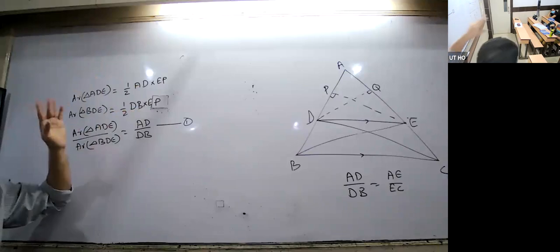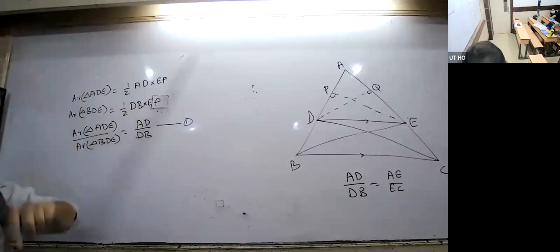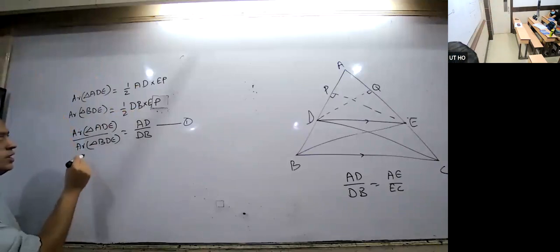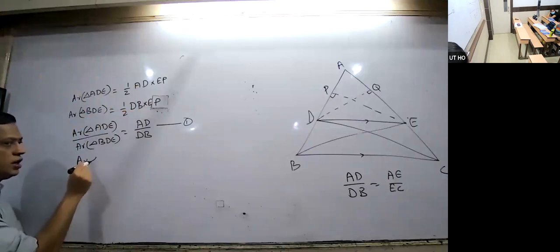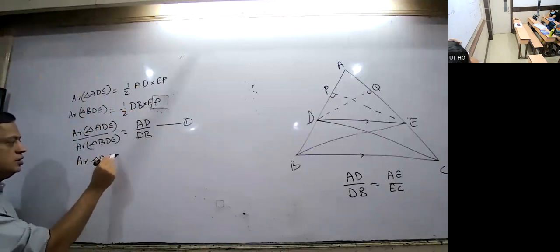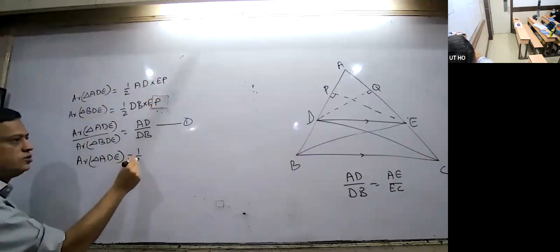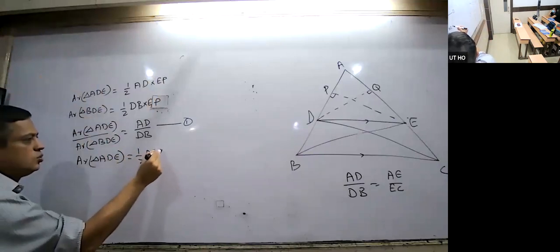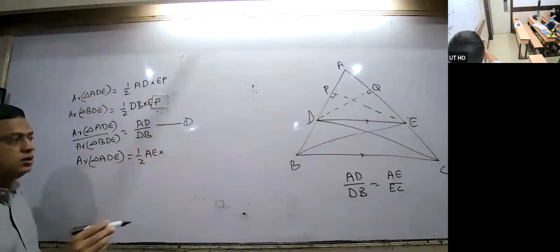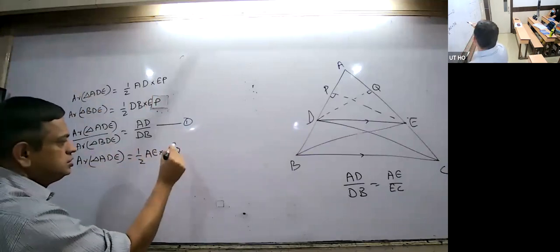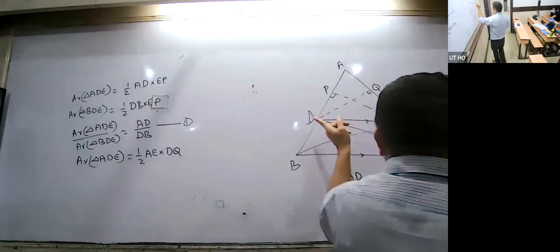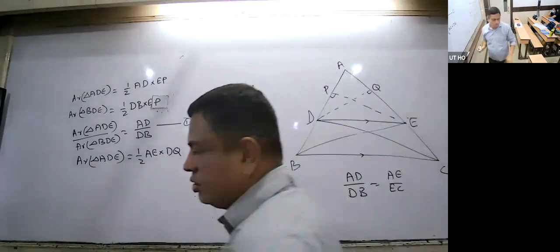Okay. Now next, again I am going to take the area of triangle ADE. This time you will take the other side. Half into AE into DQ. Yes or no? Base into height, that should not be a problem.